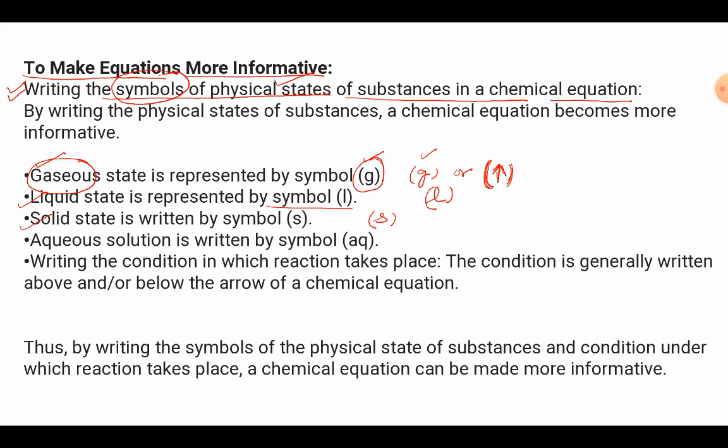Now suppose we have a solution in water, like sugar dissolved in water. That is an aqueous solution. So for an aqueous solution, if some solid is dissolved in water, the symbol for that solution will be aq, that is AQ. This is how we generally write it.